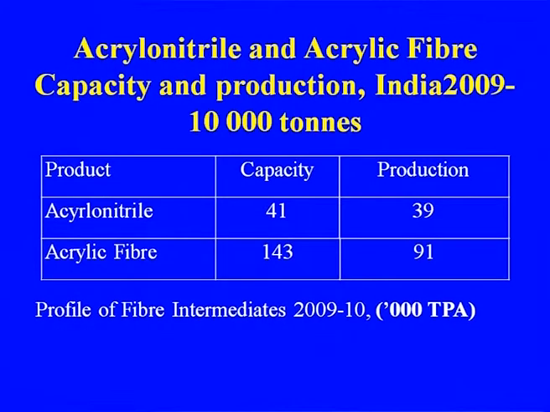This is the status of the acrylic fiber production capacity and production in India, that is acrylonitrile 41,000 and 39,000, and acrylic fiber 143,000 and 91,000. This is about the capacity and production of the acrylic fiber.